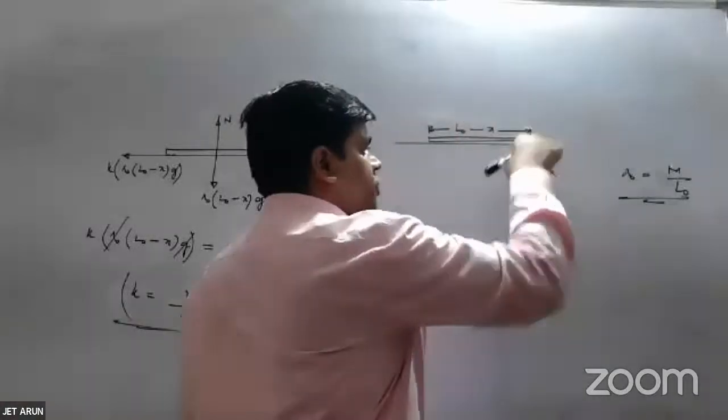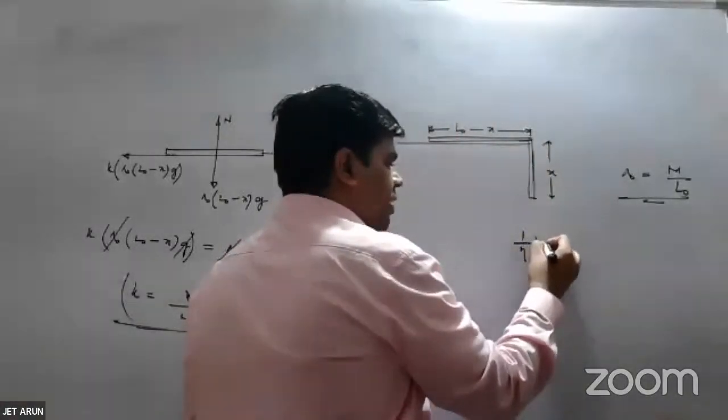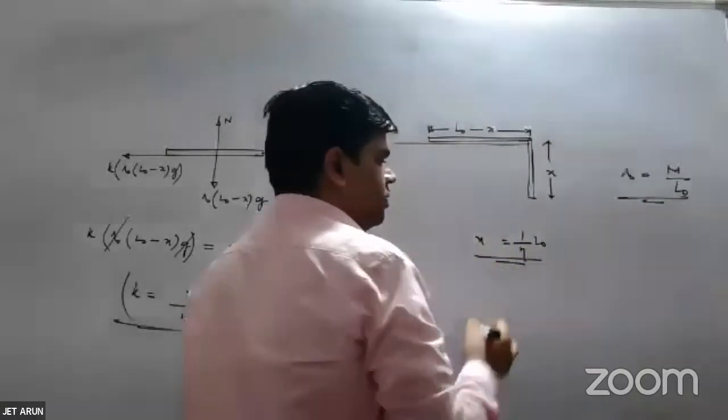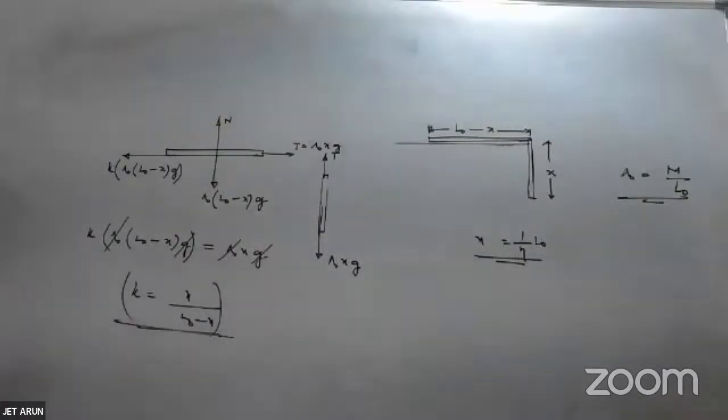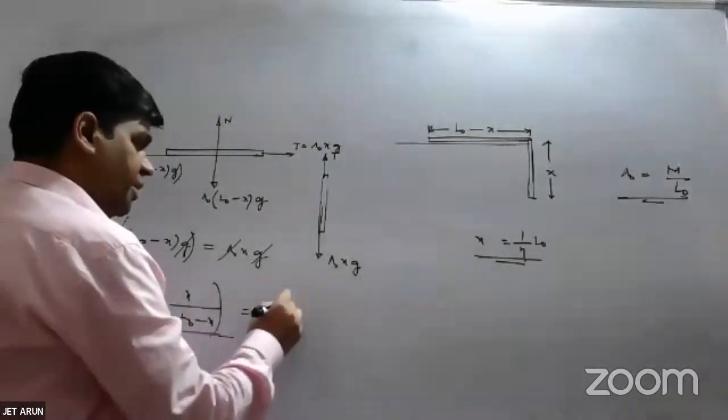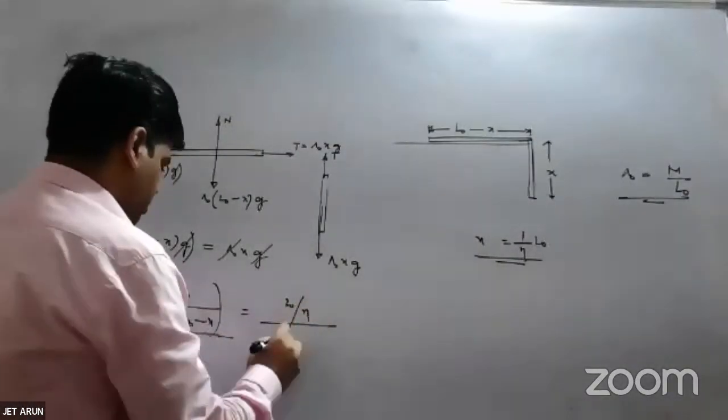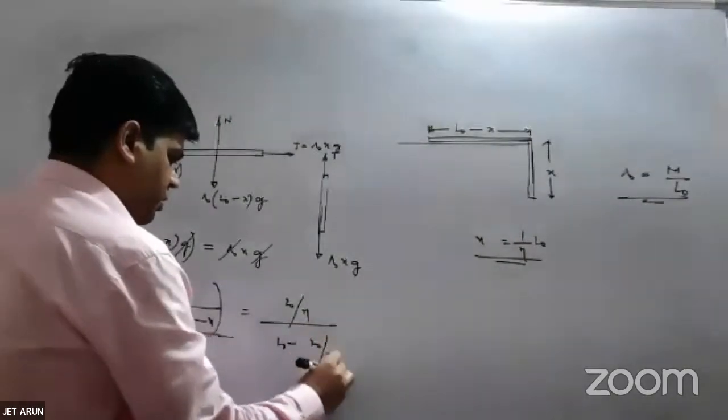He said this is 1 by eta part of the total length. So 1 by eta of L naught is my x. So L naught by eta is my x. I'll substitute L naught by eta here. So I get L naught by eta by L naught minus L naught by eta.